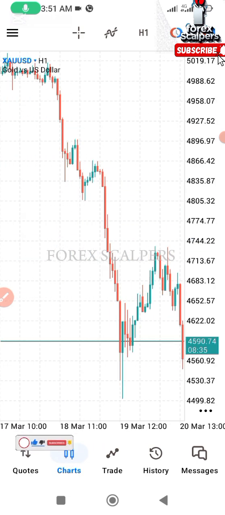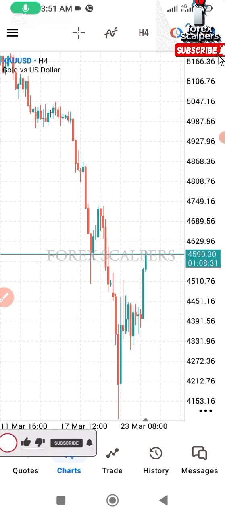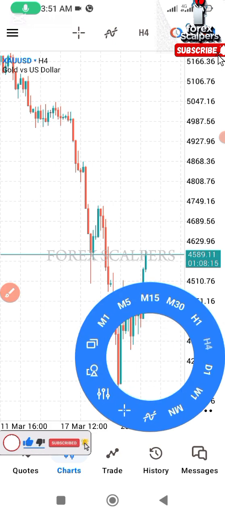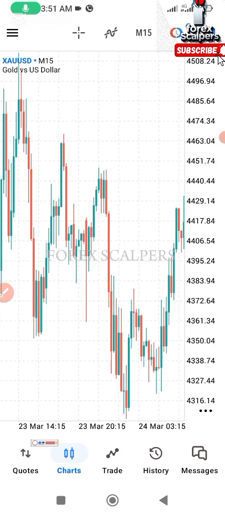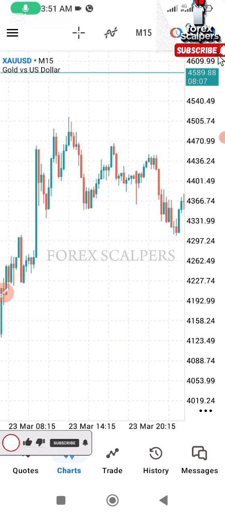Alright, this is gold and this is a 1 hour time frame. Let's look at our 4 hour time frame. So you can see that this is a 4 hour time frame, and so far so good. Gold is bearish. So in this case, let's look at the 15-minute time frame. Okay, market is fractal.